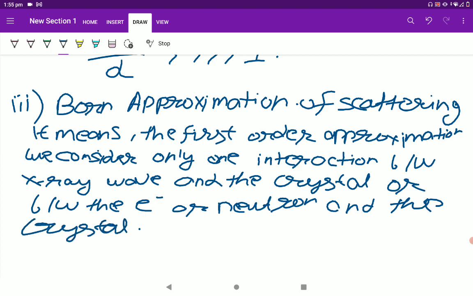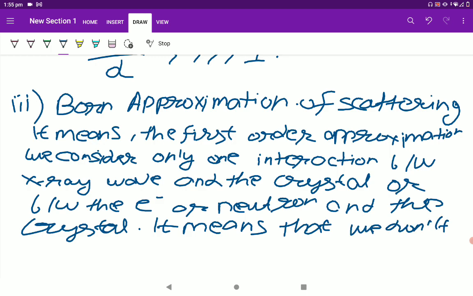It means that overall we don't consider multiple scattering.